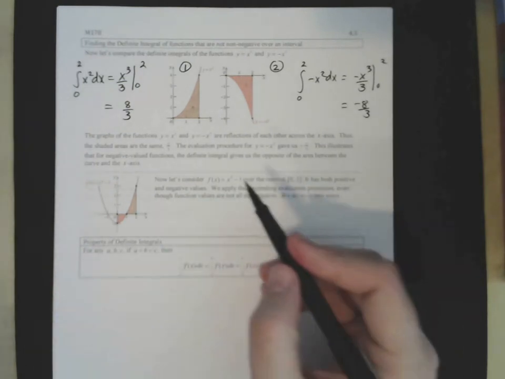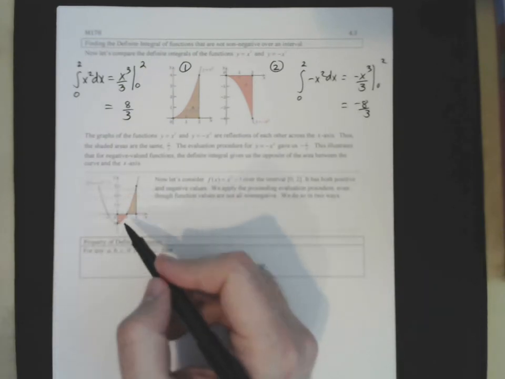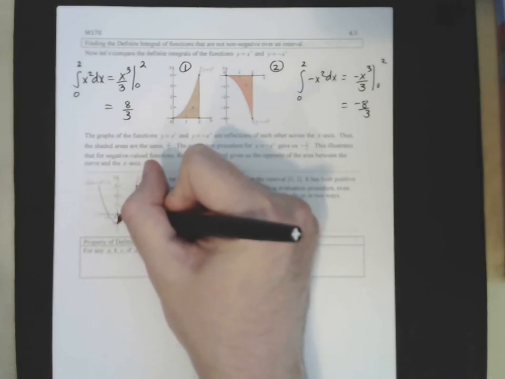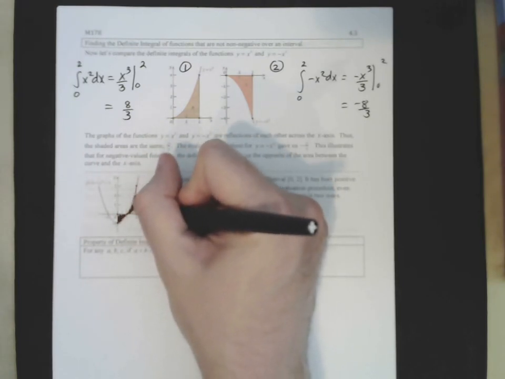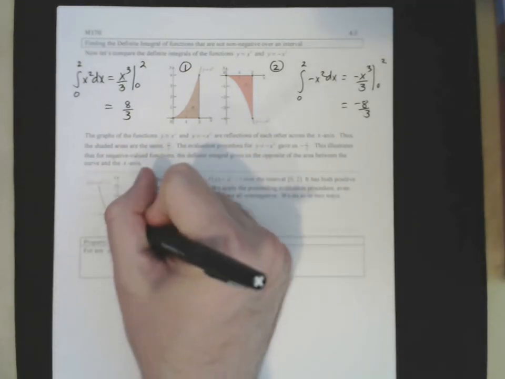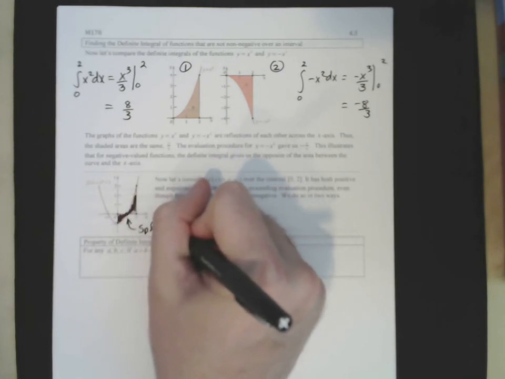So now if we consider x squared minus 1, which looks like this, and we try to integrate from 0 to 2, notice we have something above and something below. So what we want to do is, at this point right here where it crosses, we split the region.